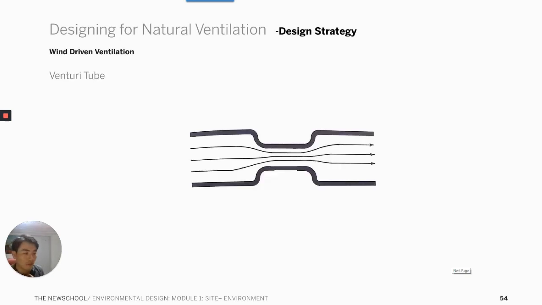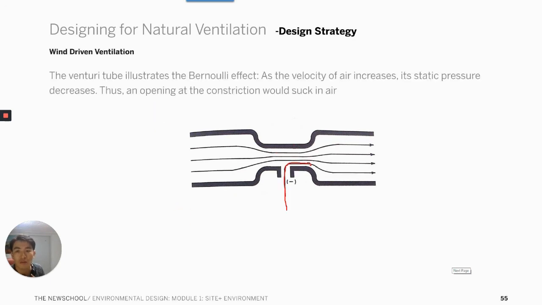There are some other wind characteristics that are used to aid wind-driven ventilation. One is the Bernoulli effect. This is a venturi tube where we control the air movement to be increased at a certain location by controlling its width. And at that location, we can provide a little opening where the air movement is increased.